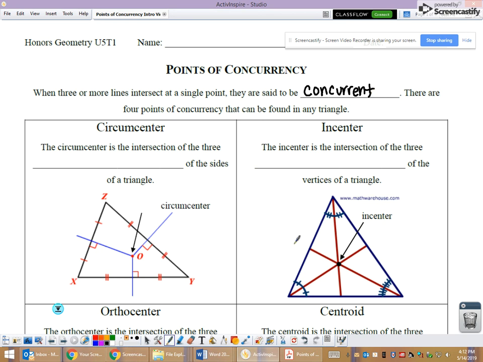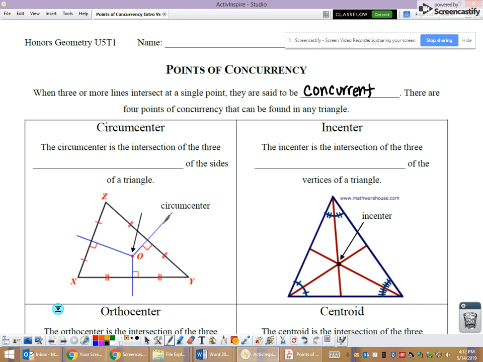And in any triangle, there are going to be 4 points of concurrency that we can find. First being the circumcenter. And if I look at this picture and observe these 3 lines that are all intersecting at this point O, I can see that each of them is perpendicular to its respective side. So like this one is perpendicular to XY, this is perpendicular to YZ, this one's perpendicular to XZ.